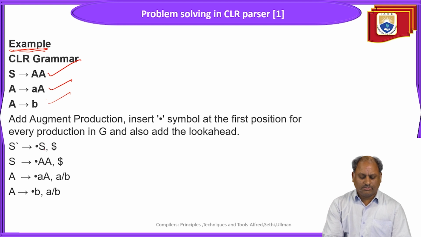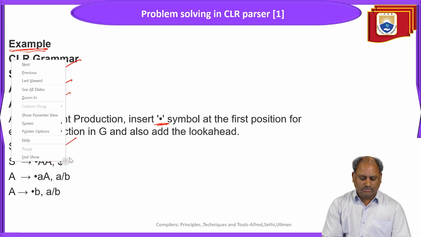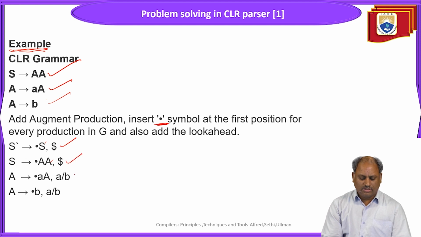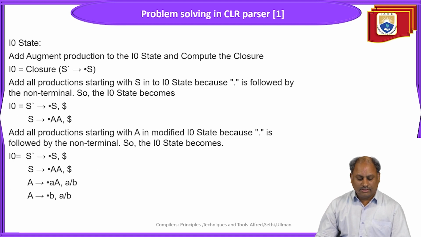We know the augment production is inserted with the dollar symbol, and the corresponding look ahead is included. Similarly here we consider the look ahead as a or b, because the follow determination of this A requires the look ahead a, b. Similarly for this one also a, b.